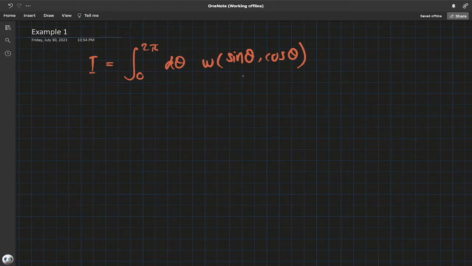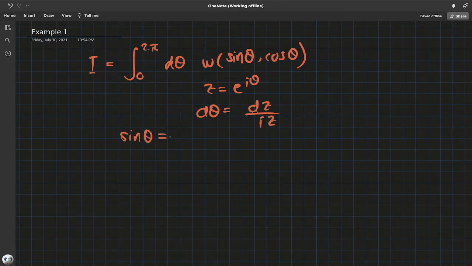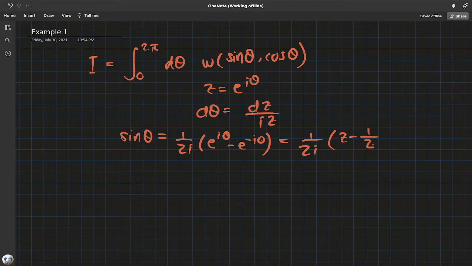What you do in such cases is take z equals e to the i theta, so that, skipping some steps, d theta becomes dz over iz, and sine theta, by Euler's formula, is 1 over 2i times e to the i theta minus e to the negative i theta, which just becomes z minus 1 over z over 2i.